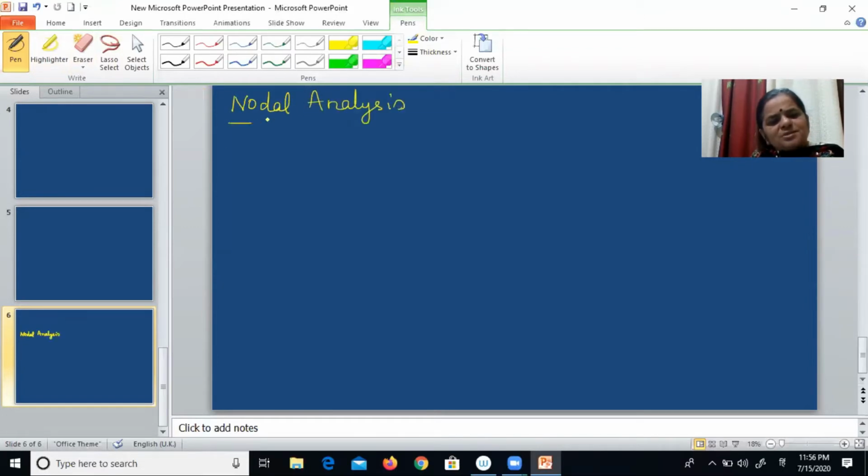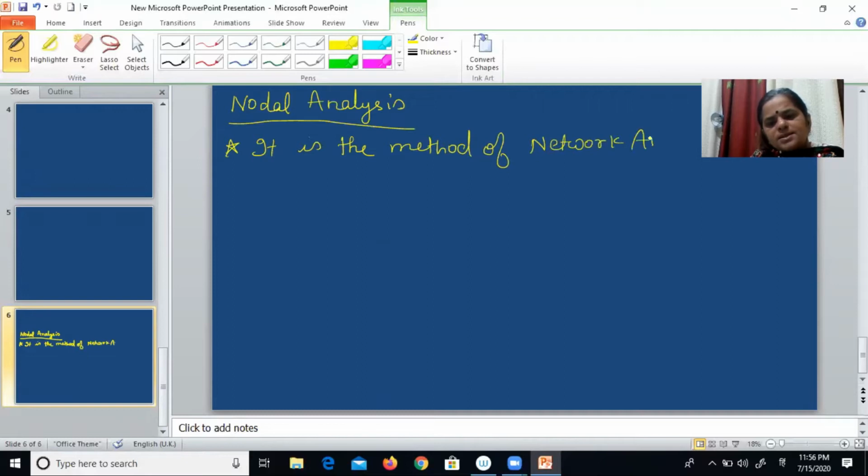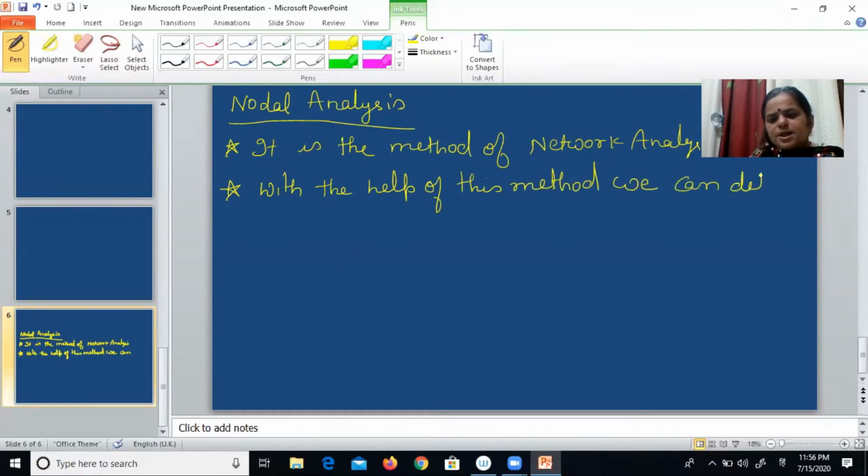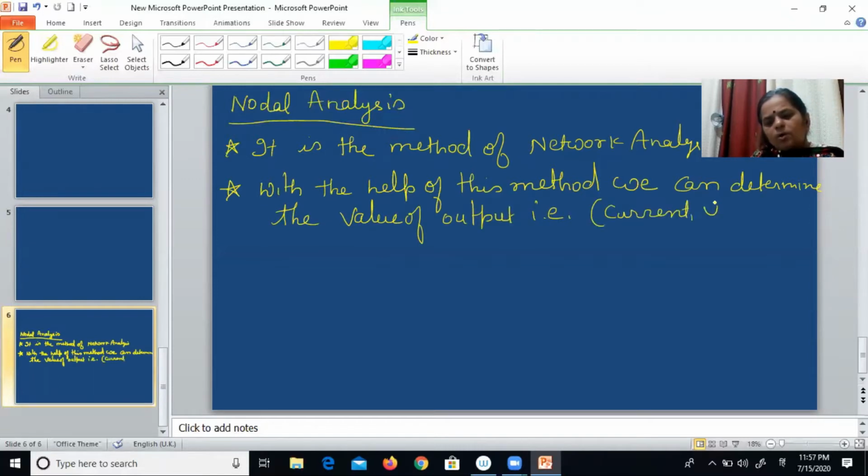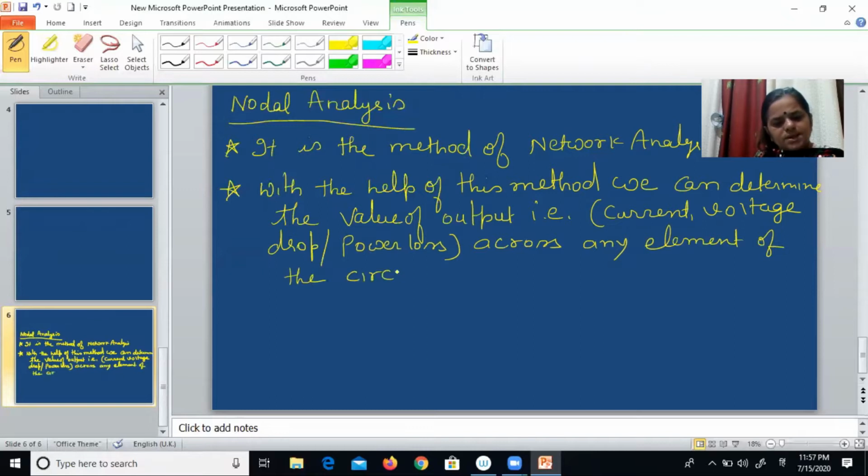The very first point about it is that it is a method of network analysis. It means with the help of this method, we can determine the value of the output, that is current, voltage drop, or power loss across any element of the circuit.